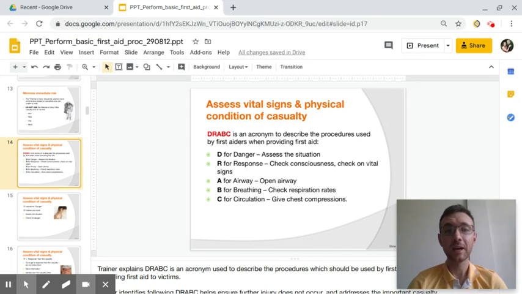So today we're learning about the acronym DRABC. We use an acronym to help us remember a job or a procedure. I will be teaching you many different types of acronyms as we learn basic first aid.